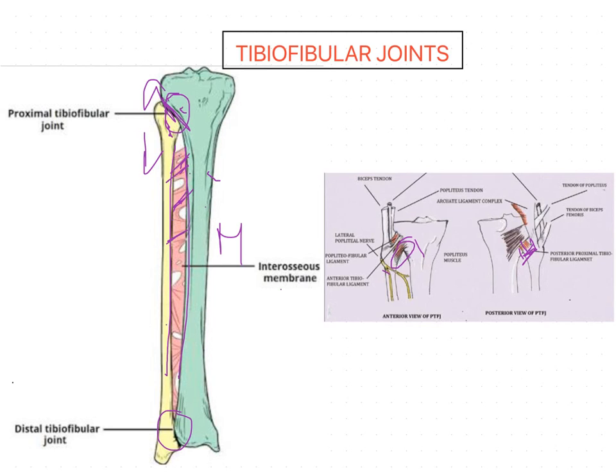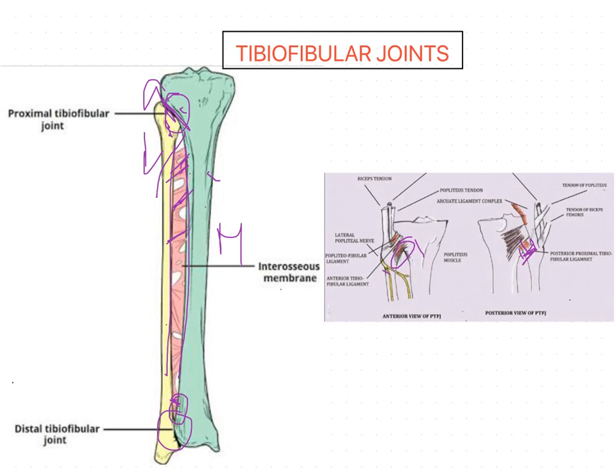Above, there is a gap through which anterior tibial vessels enter into the anterior compartment of the leg. Below, the membrane is continuous with the interosseous ligament of the inferior tibiofibular joint. So this is about the middle tibiofibular joint.